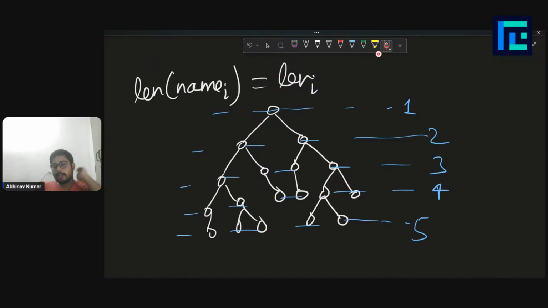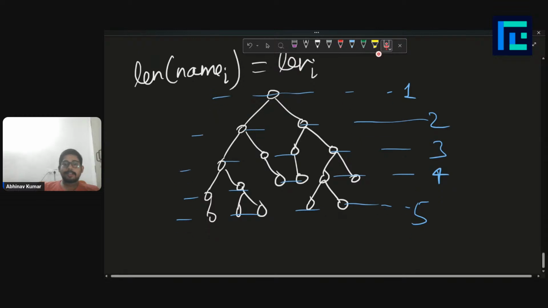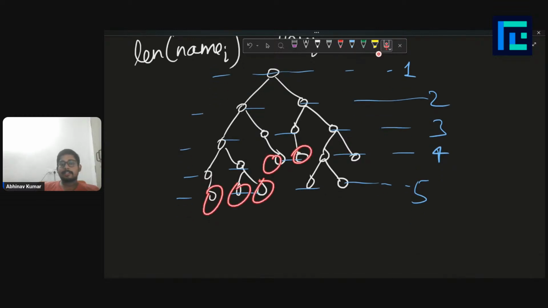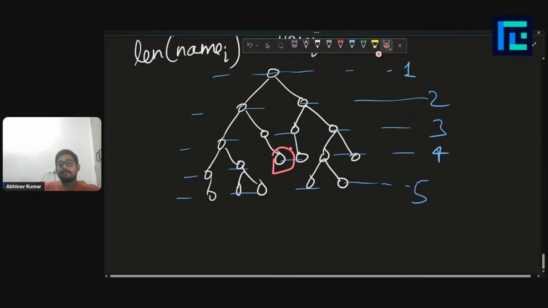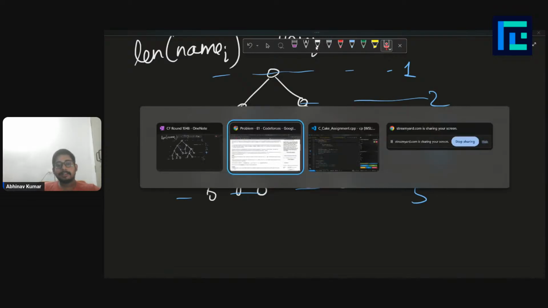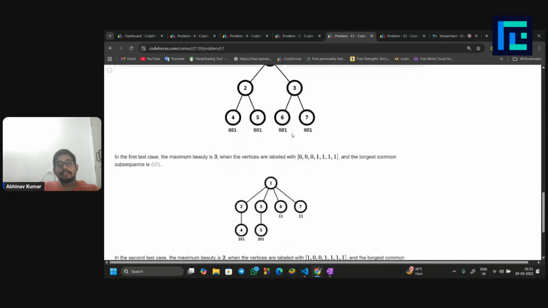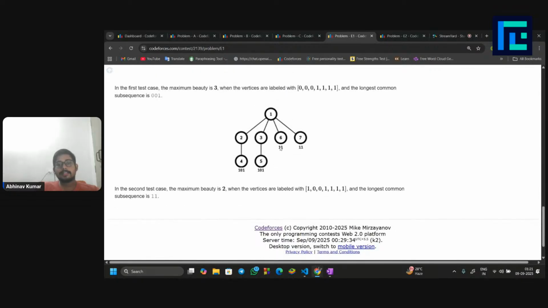Okay, so what is the maximum LCS you can get ever? Among all the leaves that are there, whichever leaf has the minimum length, if you can make the LCS equal to that particular length, that is the maximum you can get. Like here, in this test case, you had two strings having length 2, and two strings having length 3.